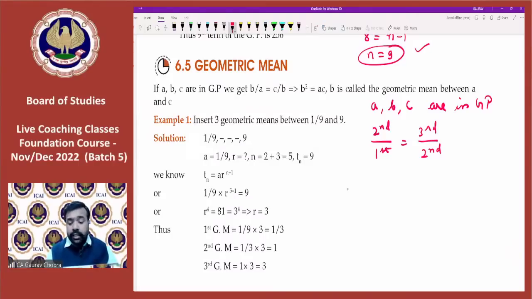So what is the second term here? B, and the first term is A. Third term is C, second term is B. Now we can do the cross multiplication. B square is equal to AC. So this is the normal condition for geometric progression, geometric mean.